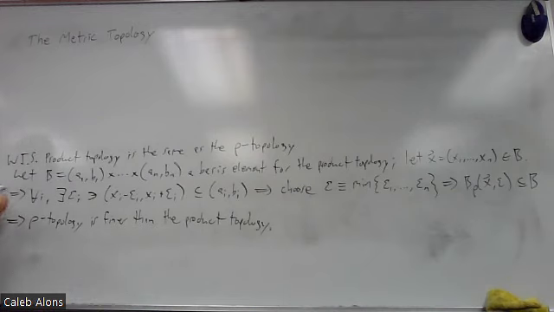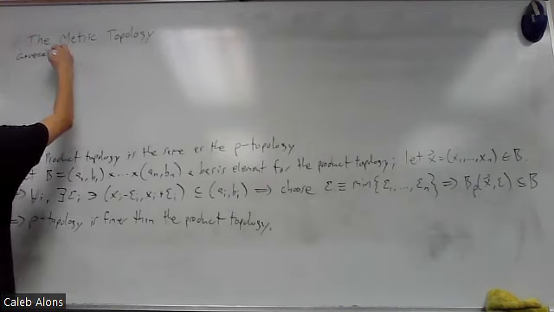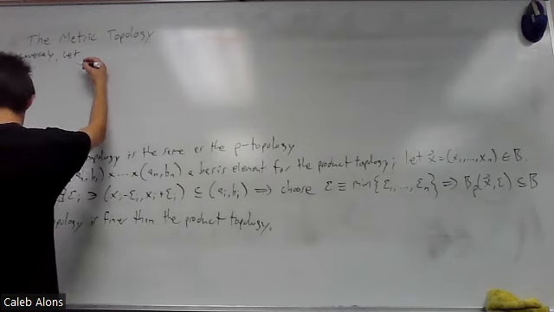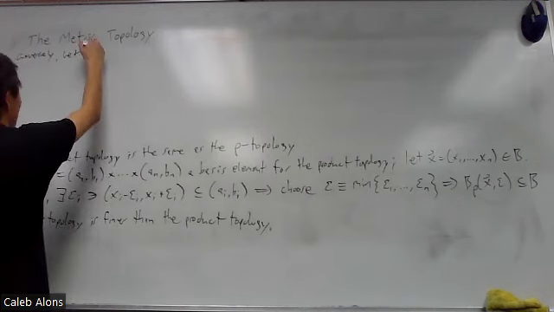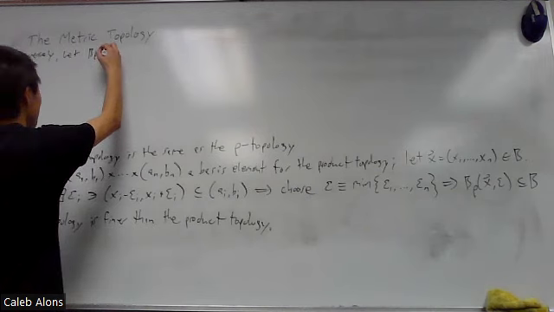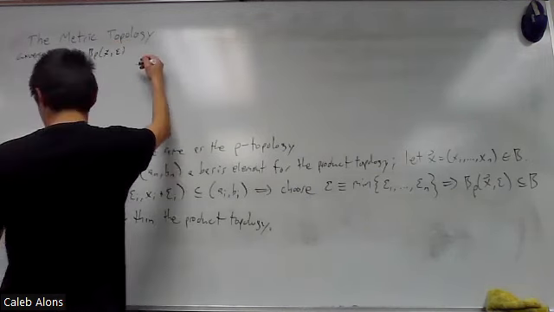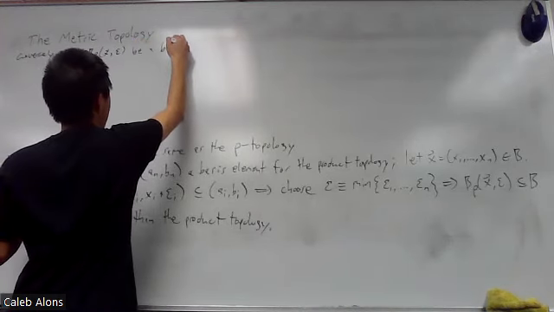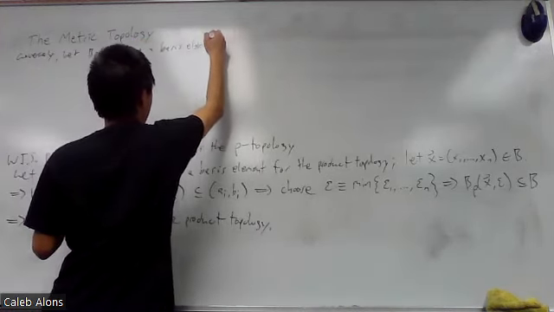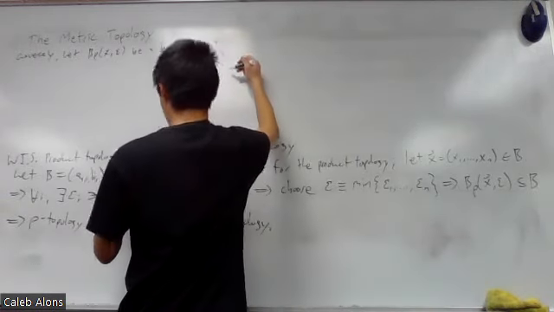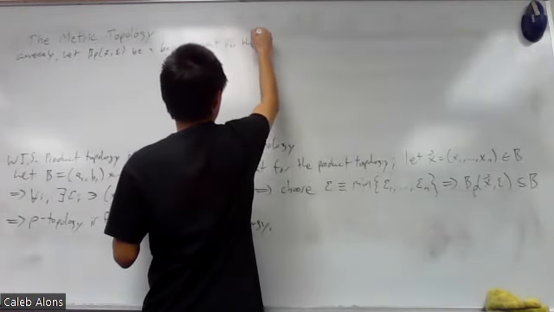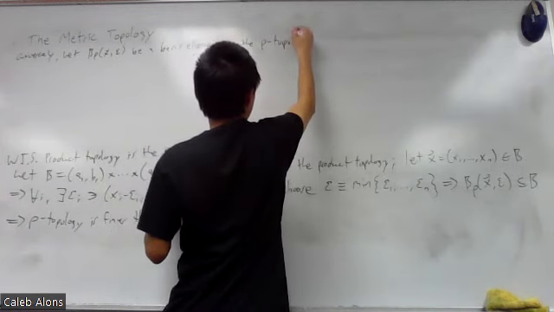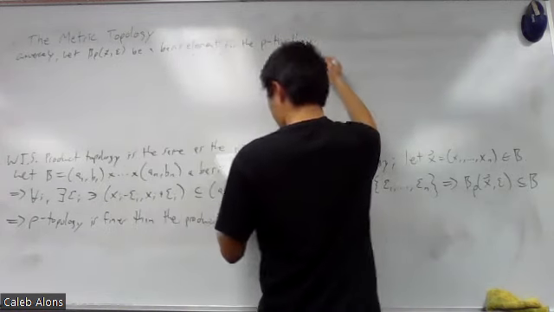Okay. So conversely, we're now going to let the ball with rho x and epsilon be a basis element for the rho topology.